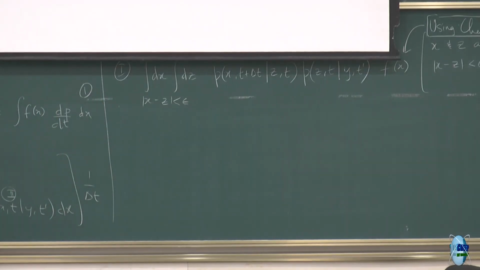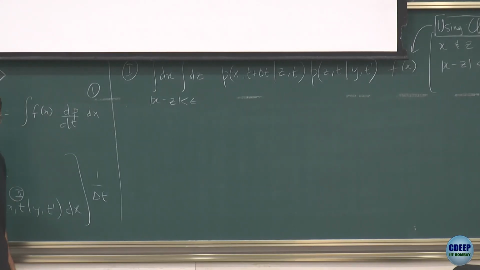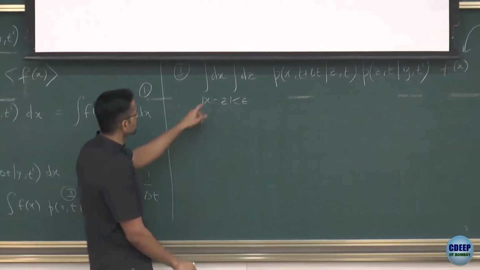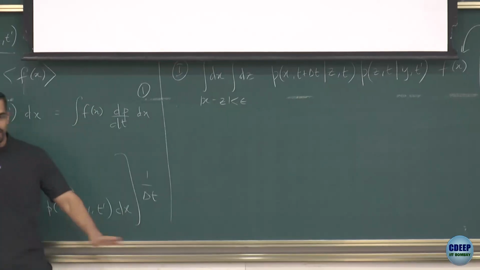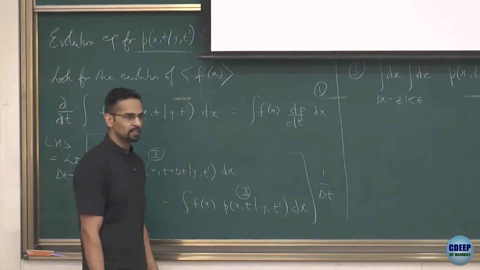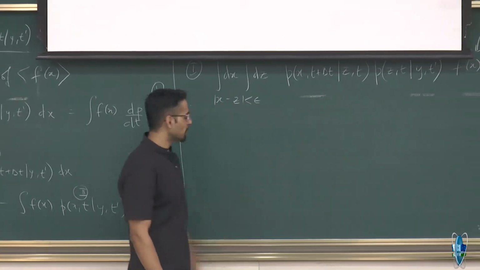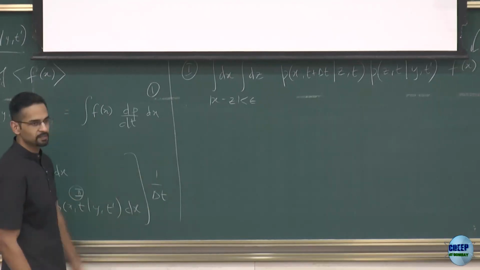Even though I started with the full integral over all x, I now know that I can restrict attention only to x close to z, because otherwise this thing is 0. Remember, I have a 1 by delta t everywhere.